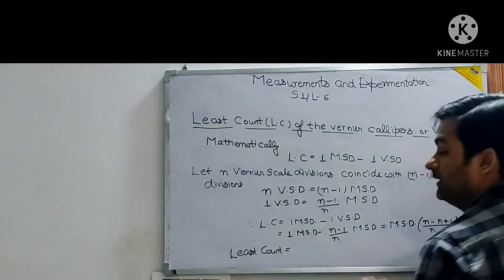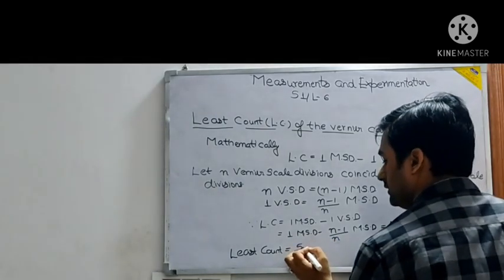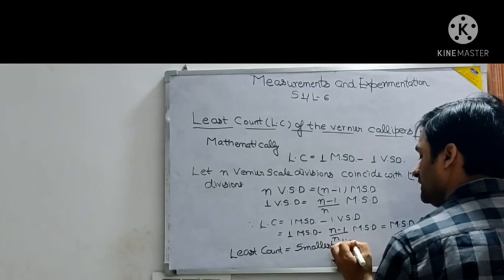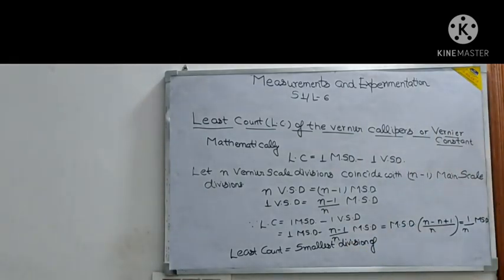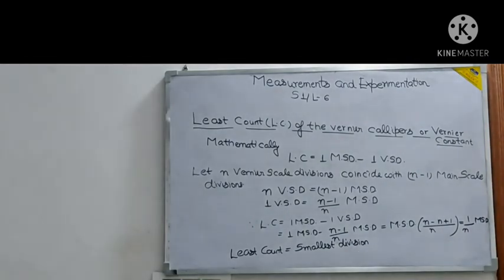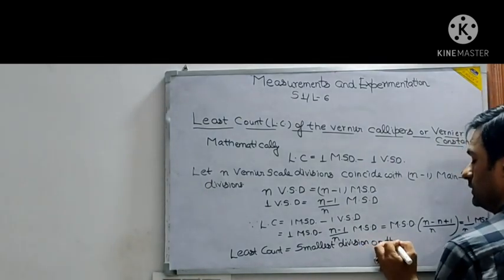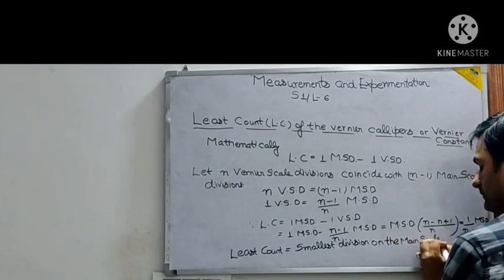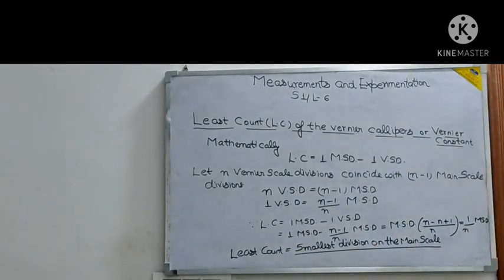So right here: the value of the smallest division on the main scale, divided by n, what is n? n is the number of divisions on the vernier scale.